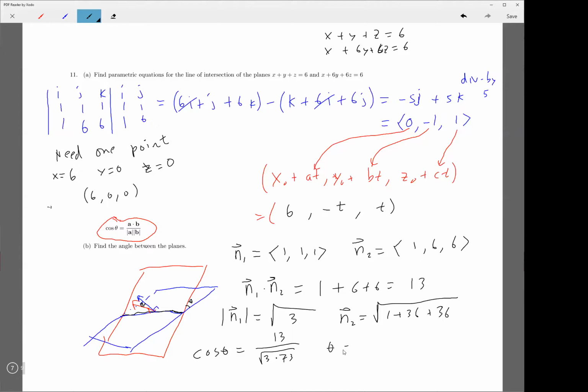So the angle is going to be the inverse cosine of 13 over the square root of 3 times 73. And they want it in degrees, so make sure your calculator is in degrees mode. And we'll go ahead and calculate the inverse cosine.